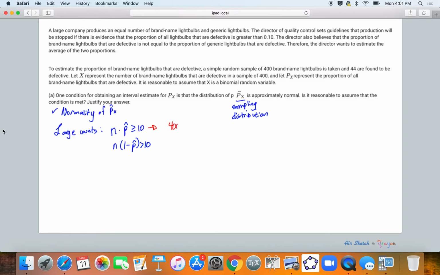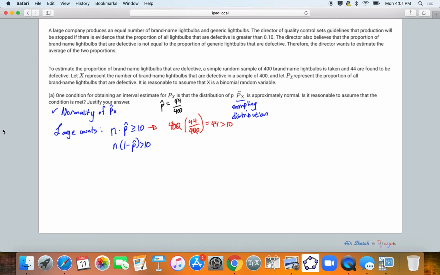So it'll be 400 times my P hat. Well, they said 44 were defective, so my P hat would be 44 out of 400. So if I multiply 400 times 44 out of 400, that's just going to leave me with 44, which is definitely greater than 10.